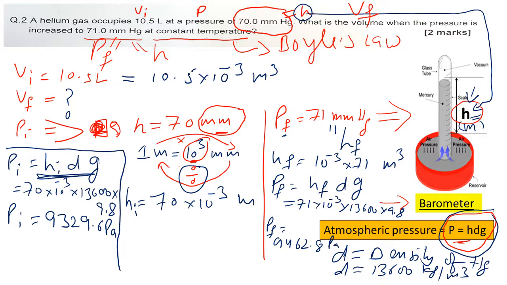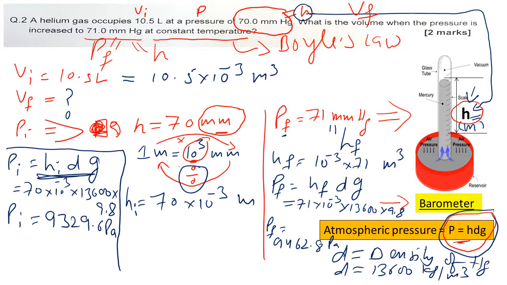Here you have to find another volume, the final volume. What is the volume when the pressure is increased to this other pressure value, the final pressure, which is 71 millimeter of mercury? Again, this is not the pressure value. This is the value of the height of this barometer.